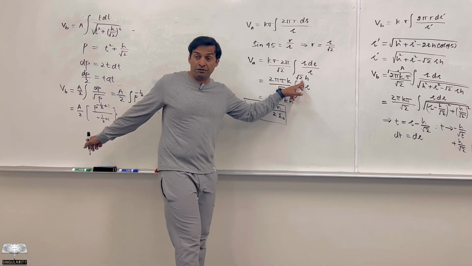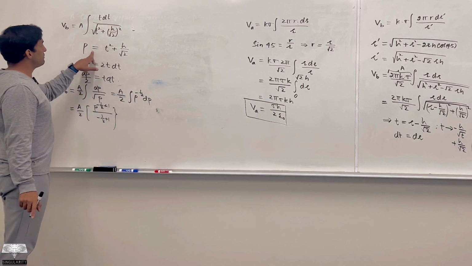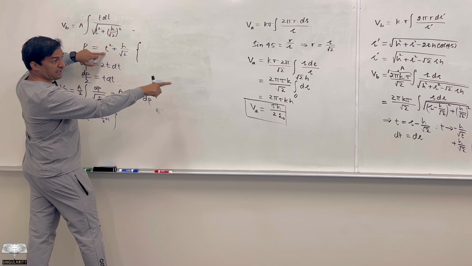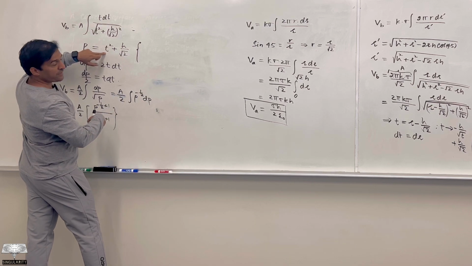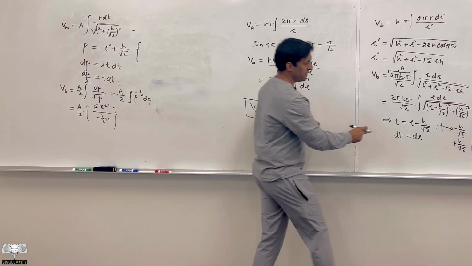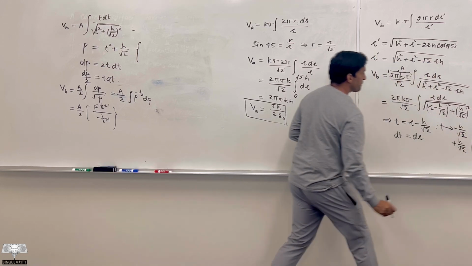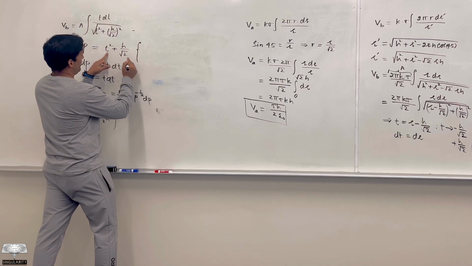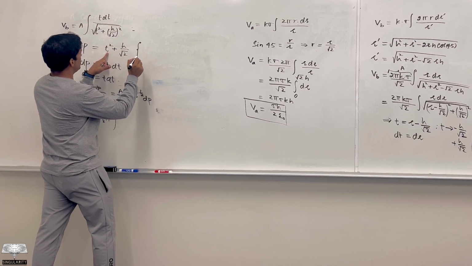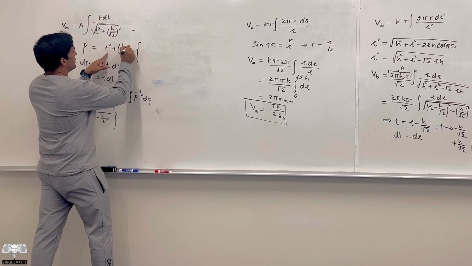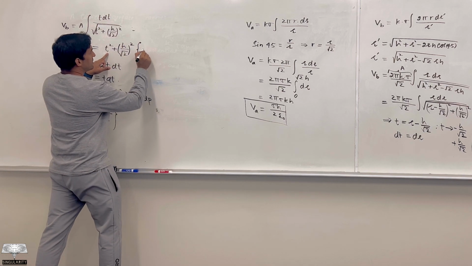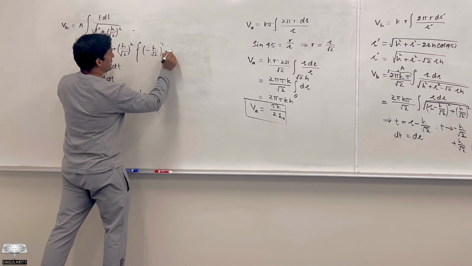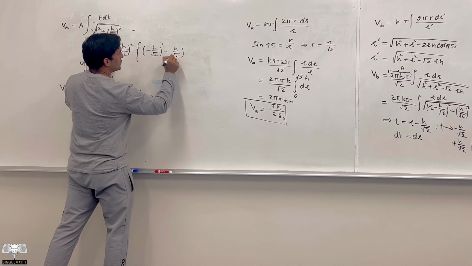Then we substituted p for t, and now we want to calculate the value of limits of p. So when t is minus h by square root 2, this becomes minus h by square root 2 square plus h by square root 2 square.